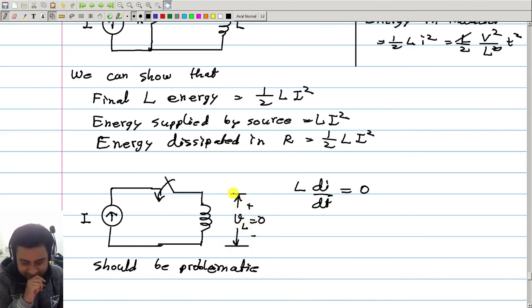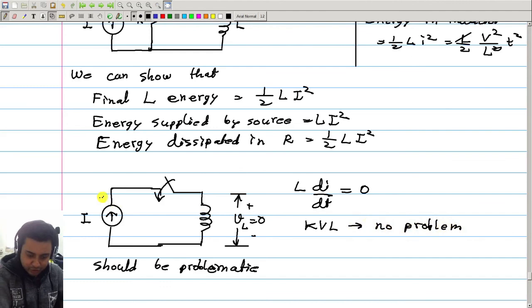Okay, so this voltage is 0, and if I want to write KVL, no problem, I can write. All I have to say is that this voltage is also 0. So there is no problem in KVL. Will there be any problem in KCL or anything?